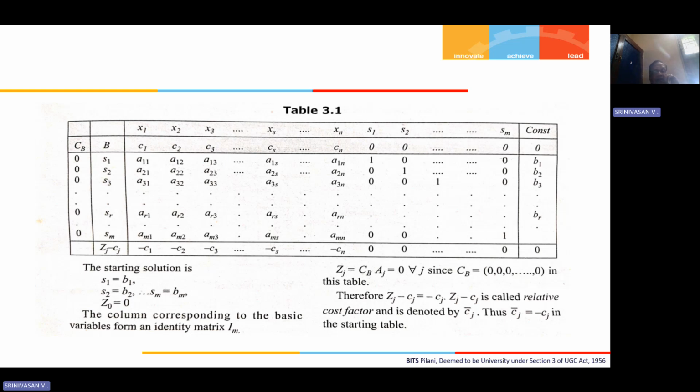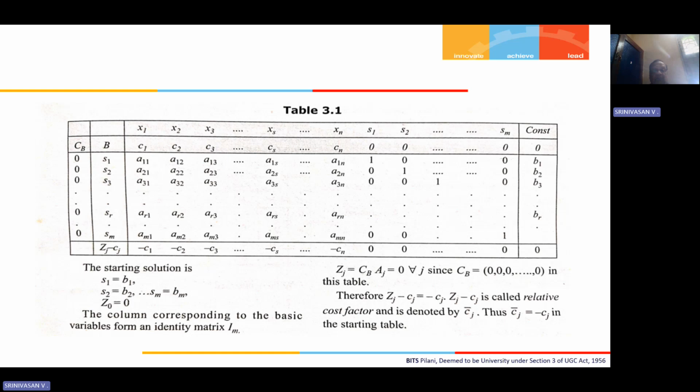So here you have 0, that is your CB, into A11. Capital A1 is nothing but your A11, 0 into A11 plus 0 into A21 plus 0 into etc. It will always be 0 because these coefficients are zeros. So Zj minus Cj in the initial table will always be 0.